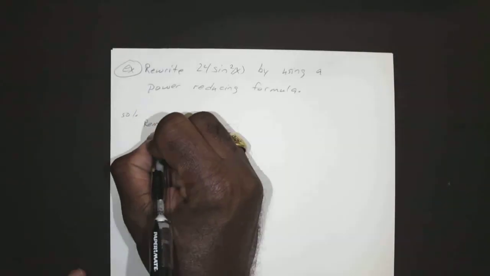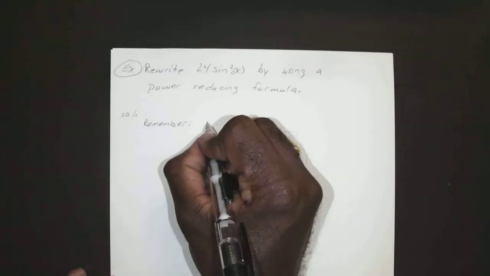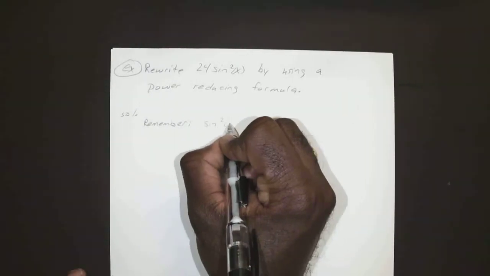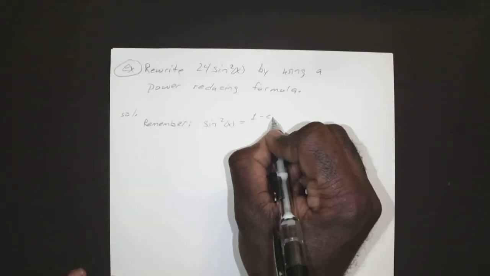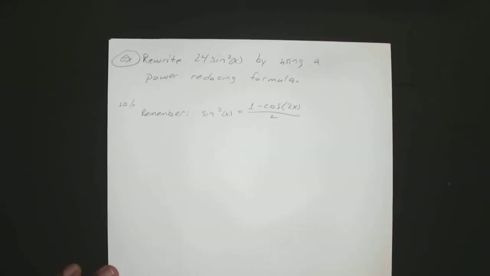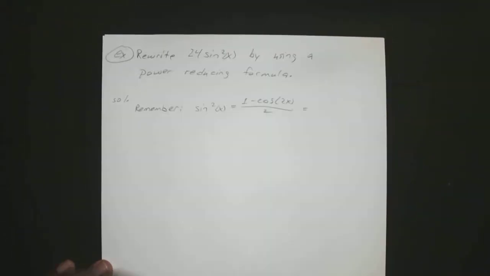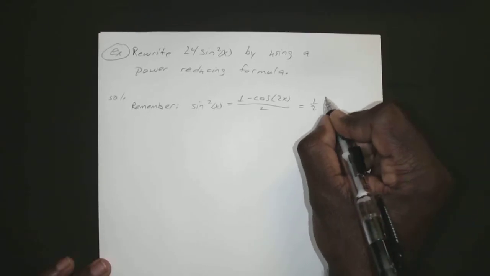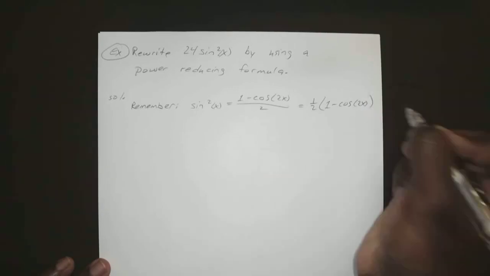Okay, so we know just from the formula you just saw that sine squared of x is equal to 1 minus cosine 2x divided by 2. Or if you want, you could just factor out that 2 and make it 1/2 times 1 minus cosine of 2x.